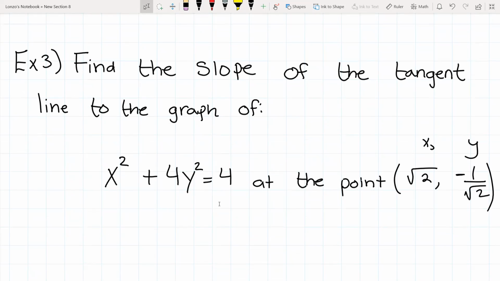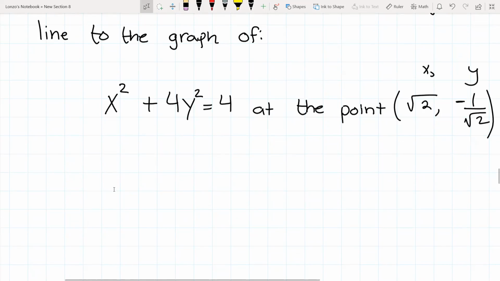Okay, example 3. Find the slope of the tangent line to the graph of x squared plus 4y squared equals 4 at the point radical 2, comma, negative 1 over radical 2. So basically you're finding slope m, right? The first thing is you've got to find the derivative with respect to x.